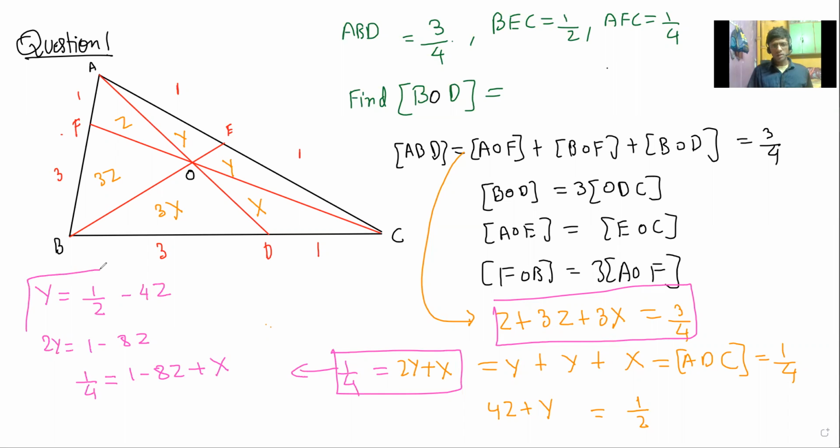Yes, just from here, and this is coming from this one. Okay, so y is equal to half minus 4z. So this is just calculations, but yeah, we have to do it. So 8z minus x is 3 by 4.